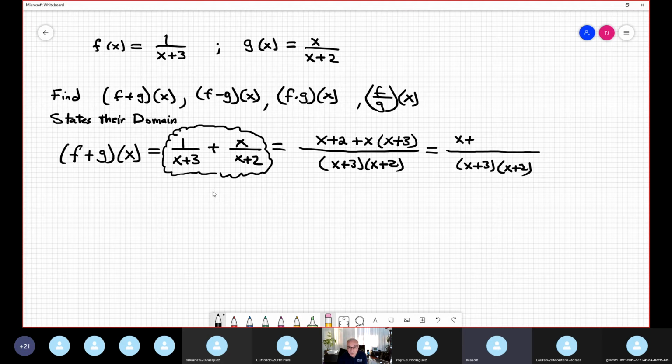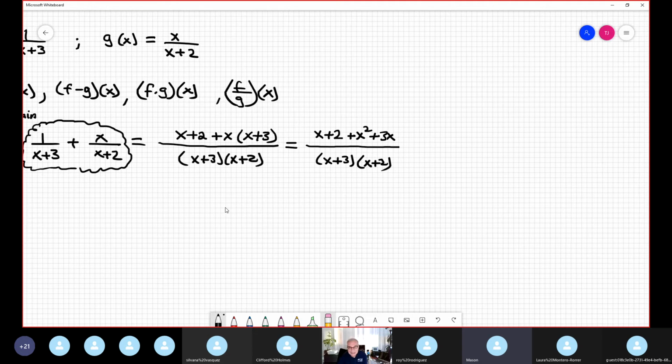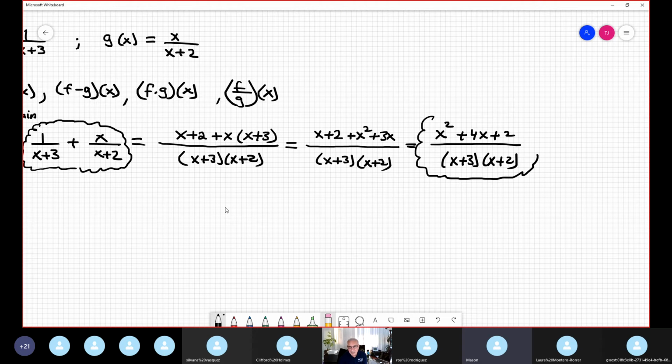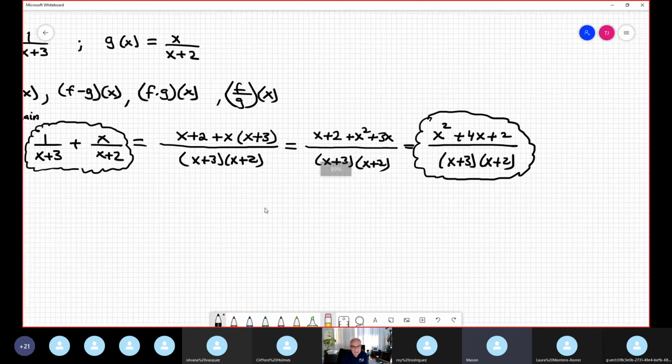You have x plus 2 plus x squared plus 3x, and we combine like terms and organize in descending order of the degree. x squared first: x squared plus 4x plus 2 divided by x plus 3, x plus 2. You say, maybe, Professor, you apply the distribution here. Well, you can, but in my opinion, this is a very, very acceptable expression.